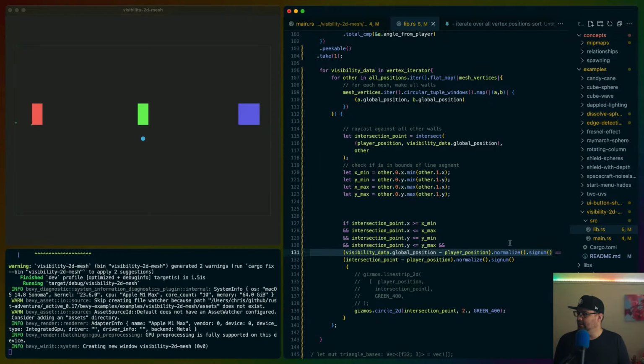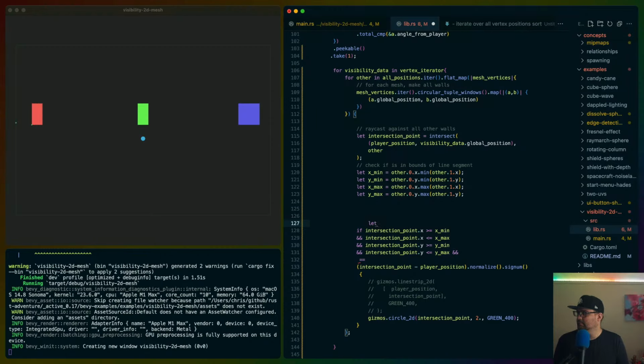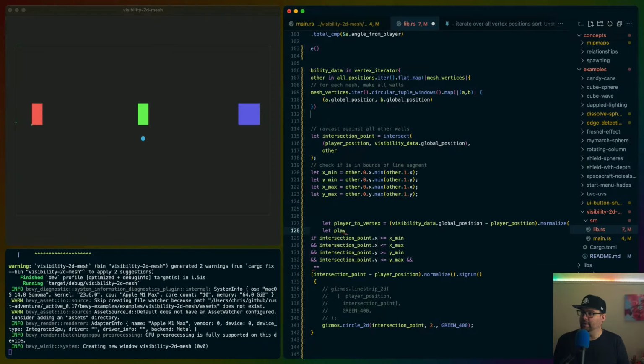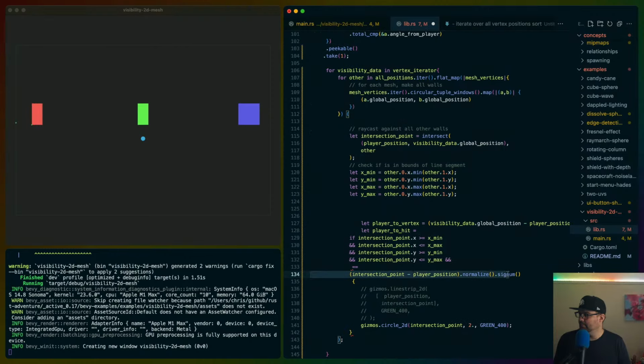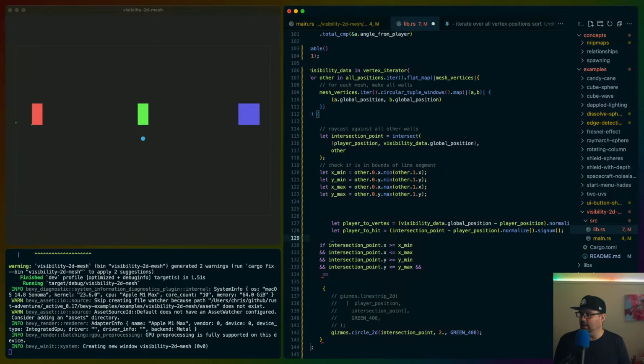Player to hit. I guess it's really hit to player, right? If we do it like this. Player to vertex, and player to hit. Because we're recentering it around the origin of the player is what we're doing here, right? From a geometric perspective.